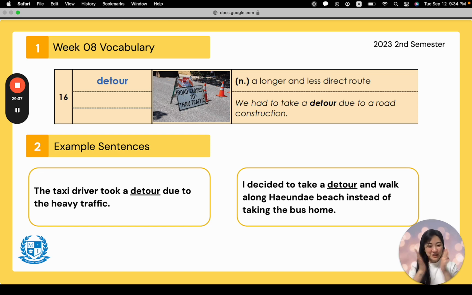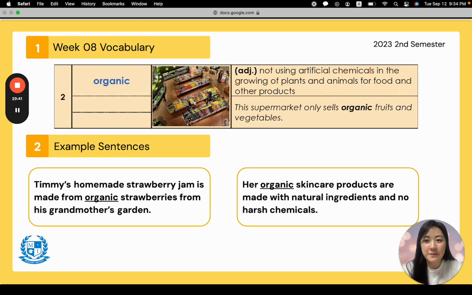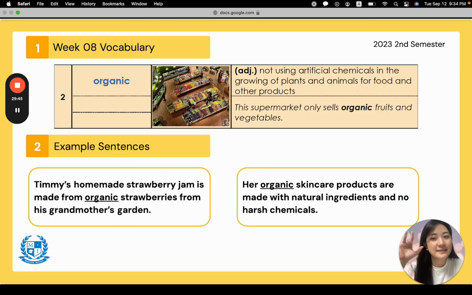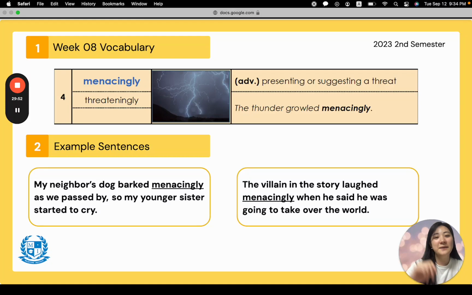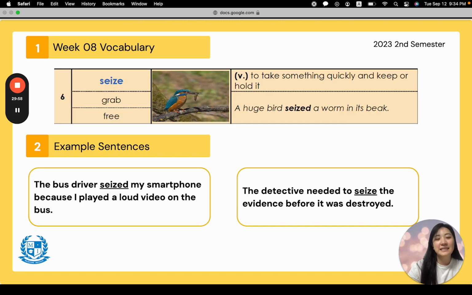Wow, we're done already. Oh my goodness. Let's go back to number 1. Everybody repeat after me and say blight. Blight. Organic. Grimace. Menacingly. Emanate. Seize.